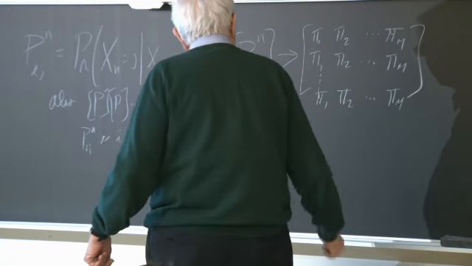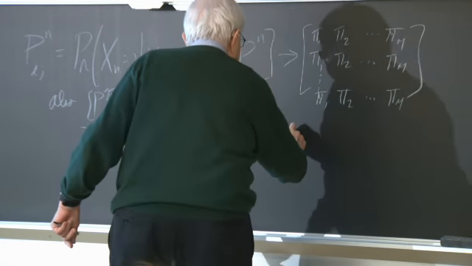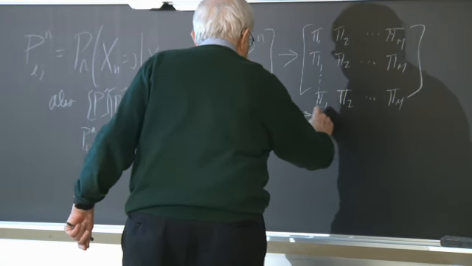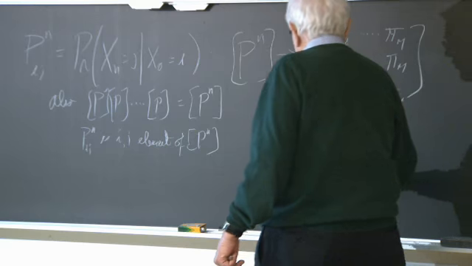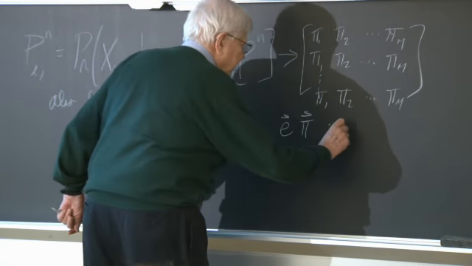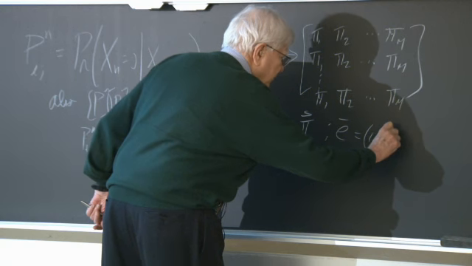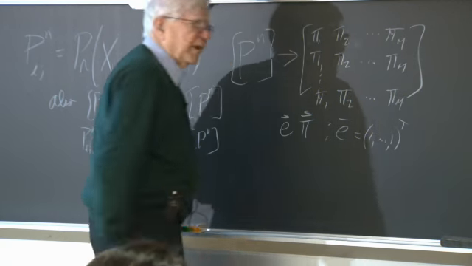And the easiest way to express this is the vector e times pi, where e is the column vector of all ones.